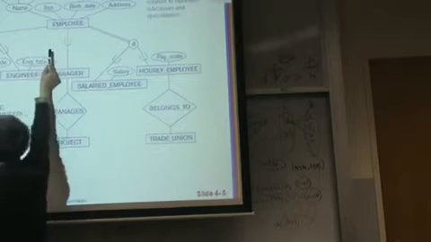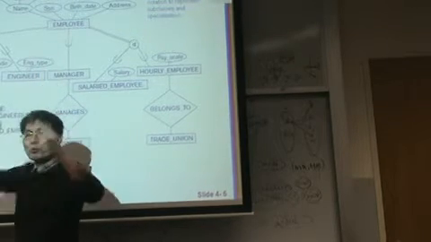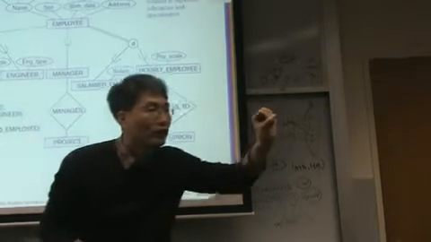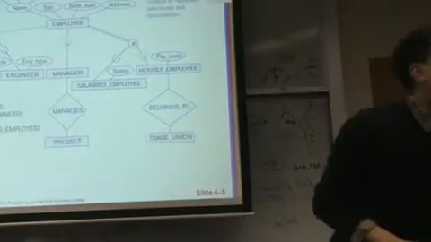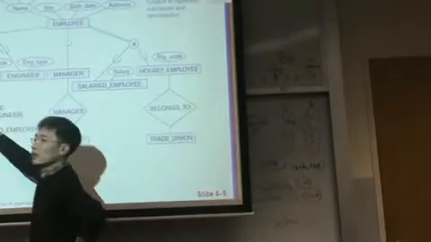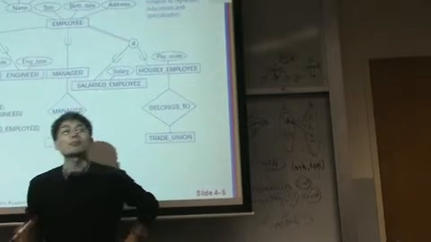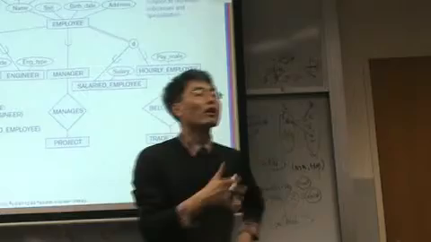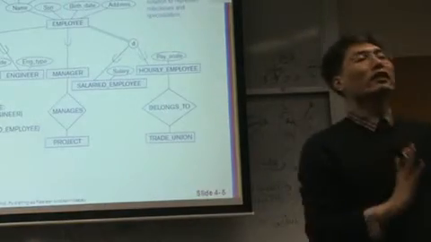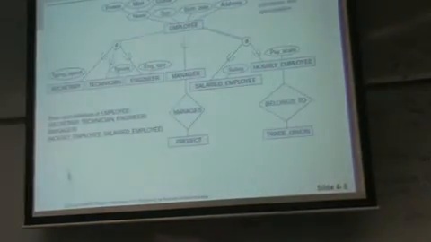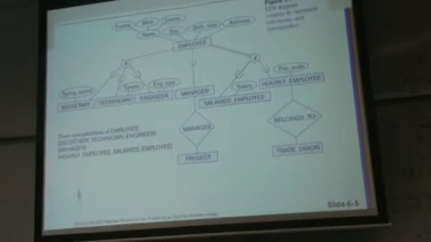So we can generalize into employee. Or from employee, you can specialize into a specific type of employee: sometimes secretary, sometimes technician, sometimes engineer. That is called specialization. So there are specialization and generalization processes in the data.